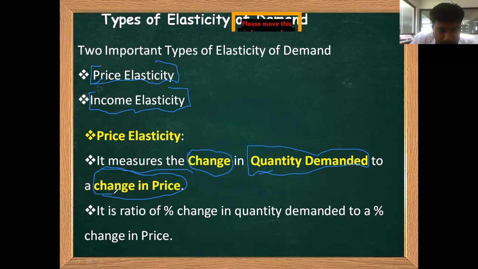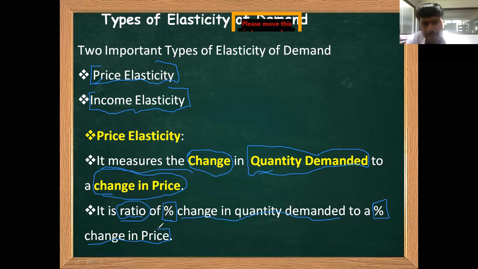In another way, we can define it as the ratio of the percentage change in the quantity demanded to the percentage change in the price.